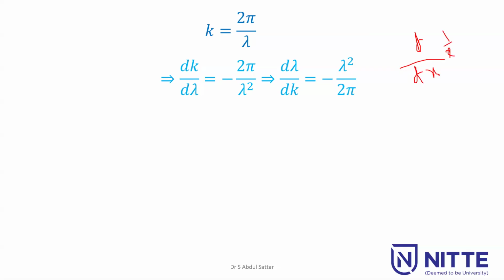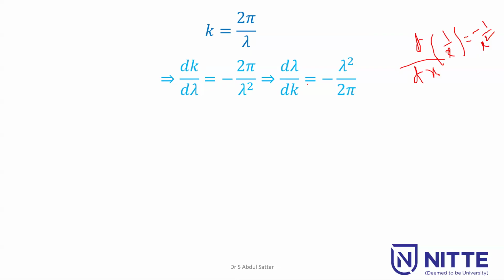You already studied this relation. So dk by d lambda, 2 pi is a constant, and d by d lambda of 1 by lambda equals minus 1 by lambda square.